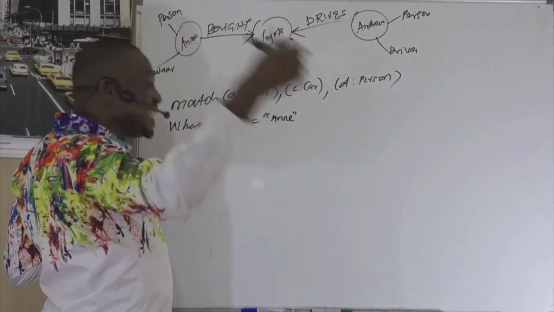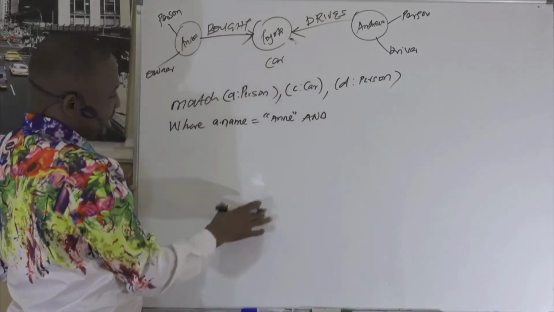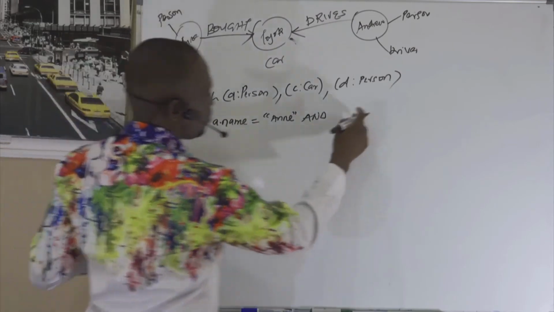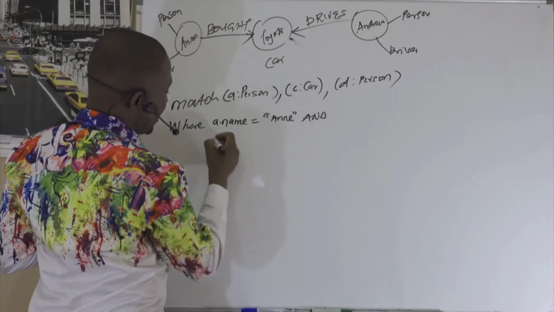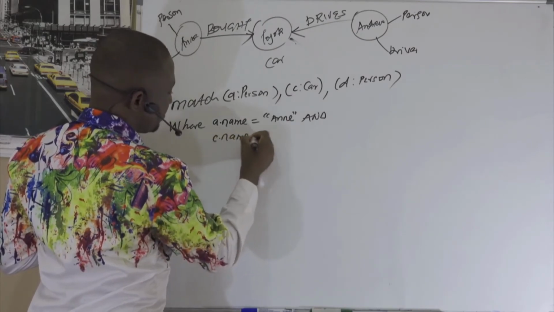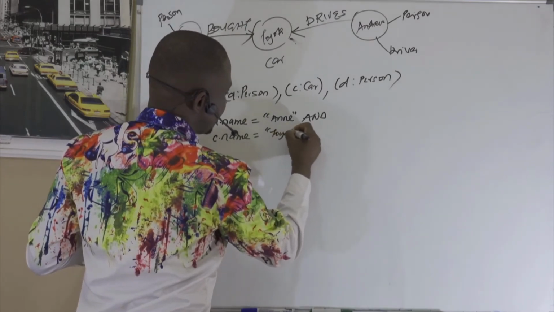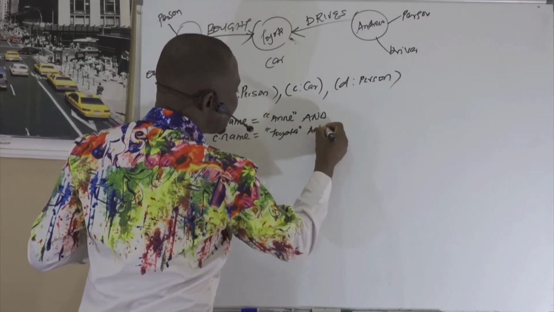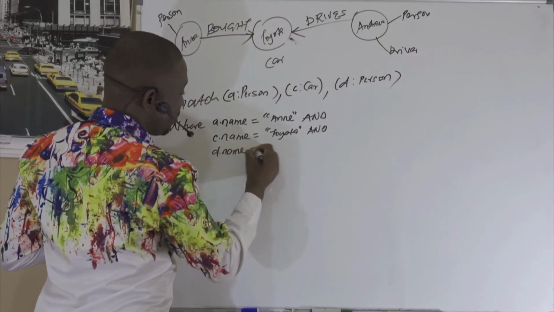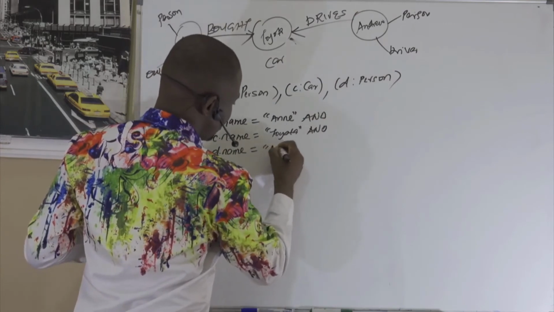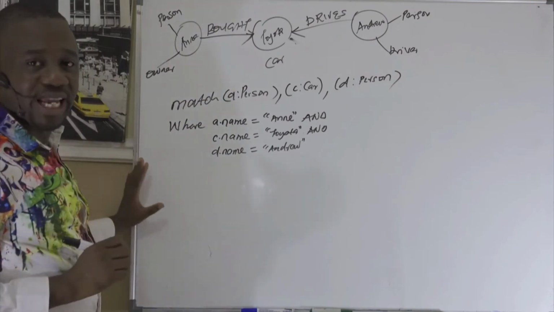And you can put it here, like and here and here. You can continue here. Okay, let's just come down. And C dot name equals this Toyota. And D dot name equals Andrew. Okay? We are okay now.